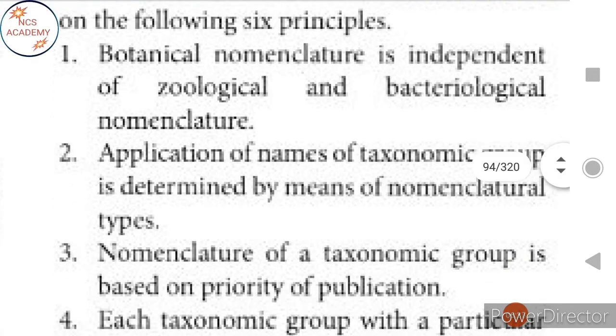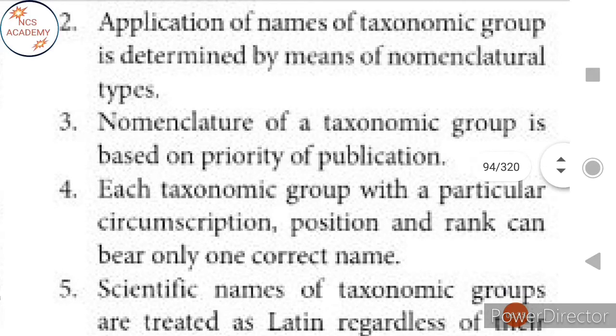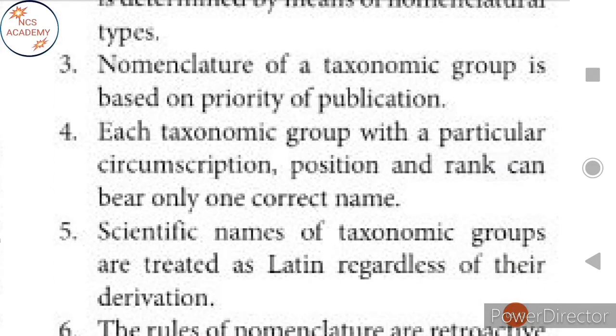Second principle, the application of names of taxonomic groups is determined by means of nomenclatural types only. Likewise, the nomenclature of a taxonomic group is based on priority of publication. The fourth one, each taxonomic group with a particular circumscription, position and rank can bear only one correct name.